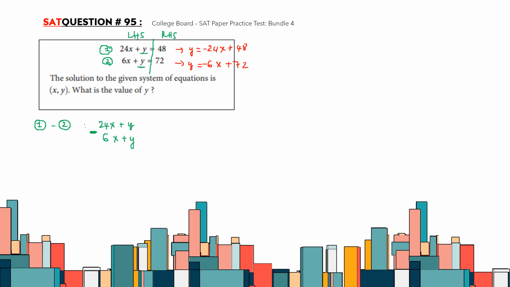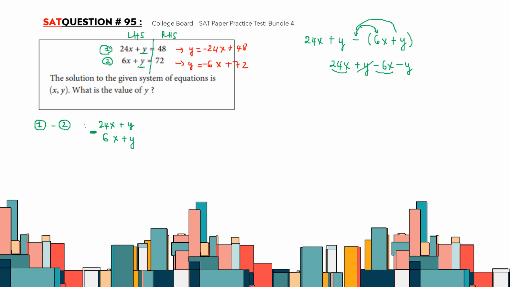If we write it in the horizontal direction, it looks like this: 24x plus y minus open parentheses 6x plus y, because you subtract the whole thing. This negative is really important, so it is distributed inside to 6x and y. It becomes 24x plus y minus 6x minus y. That is our left hand side, and then we combine like terms.